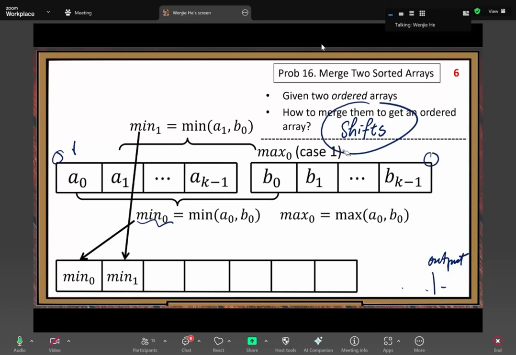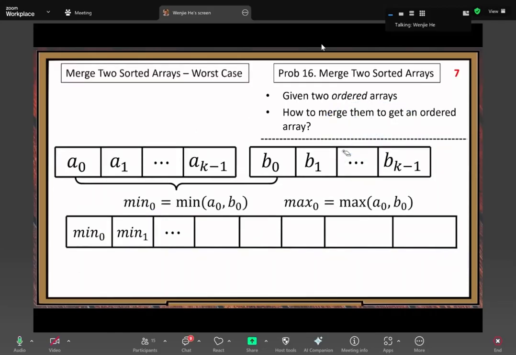Then min 1 can be put in place after the second comparison. So we keep doing that. The larger one, we need to compare with the next element in the other ordered array. Then the smaller one, we put it in place.